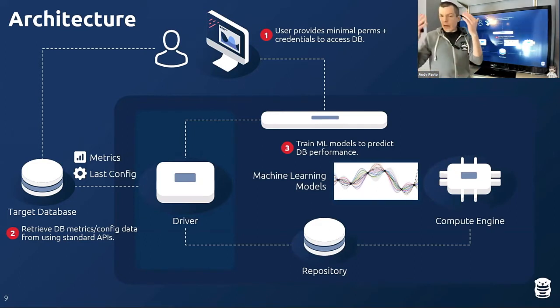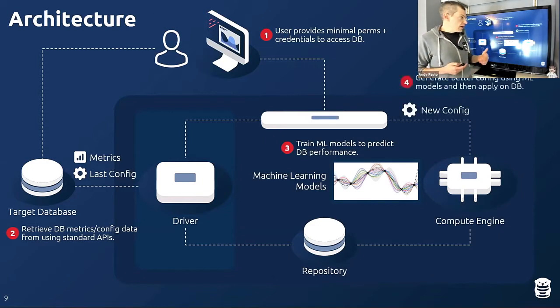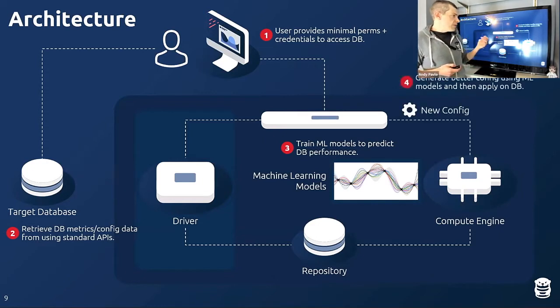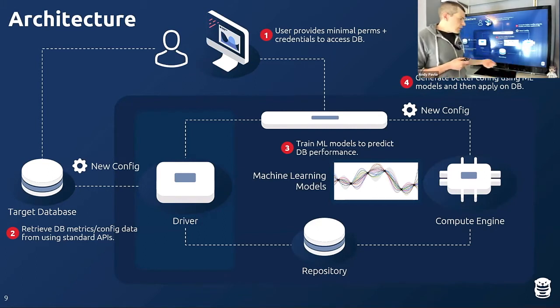You tell us whether you want to optimize for throughput or latency, and we train models to say, if I start tweaking the knobs a certain way, what happens to that objective function? Then we do gradient descent on these models to find a new configuration that we think will improve performance. We send that back over to the driver, which applies it, and then we repeat the process: apply the change, wait a little bit, observe what happens, and come back around.